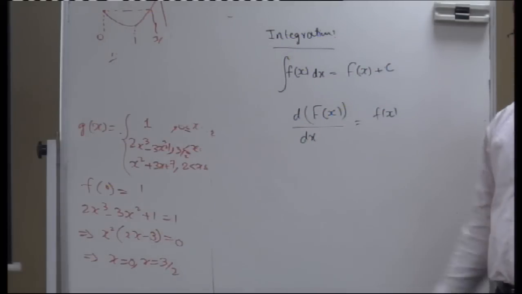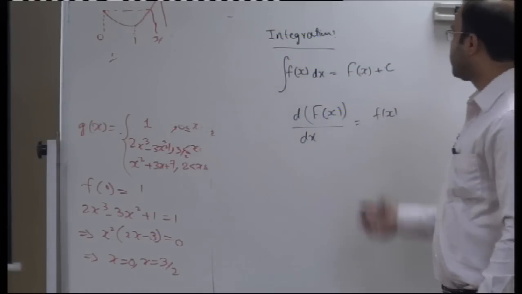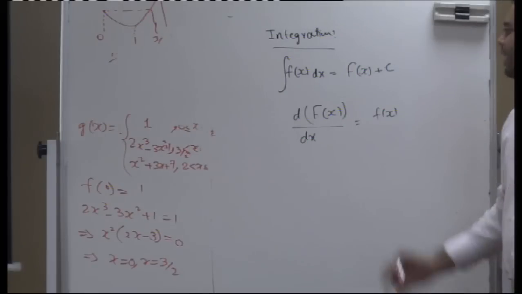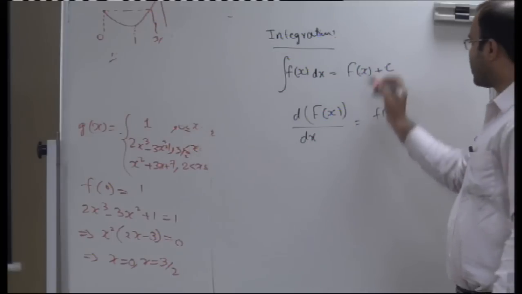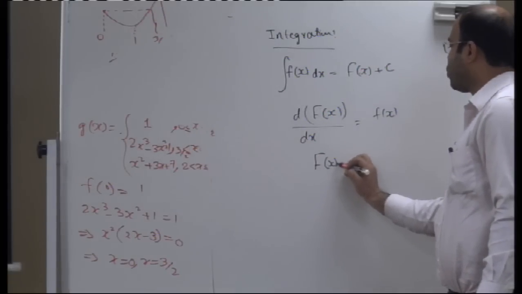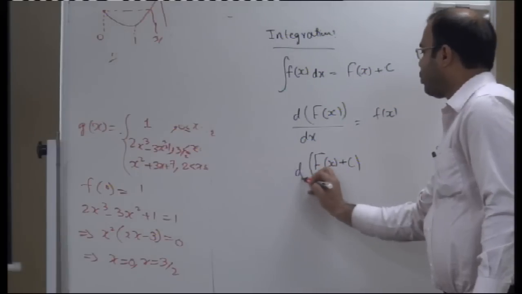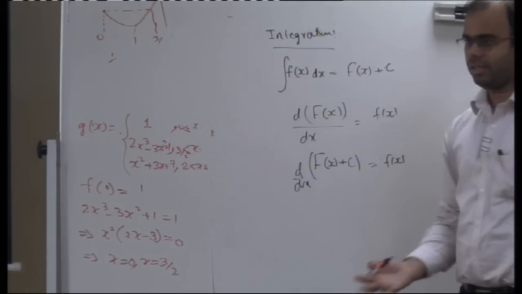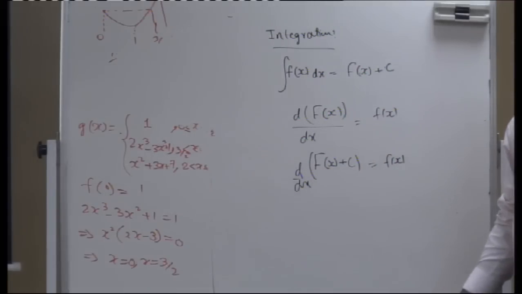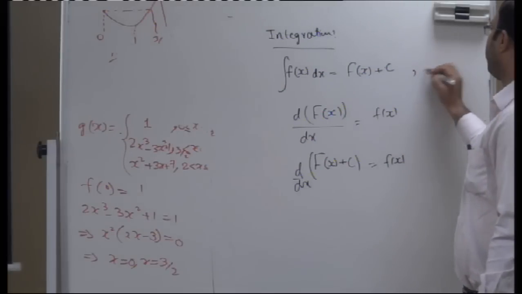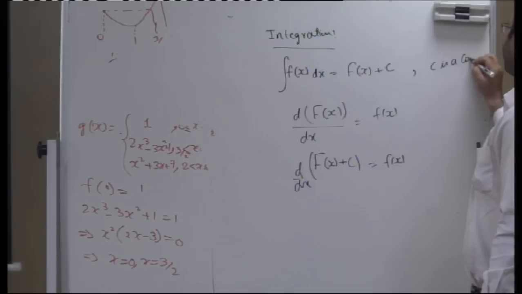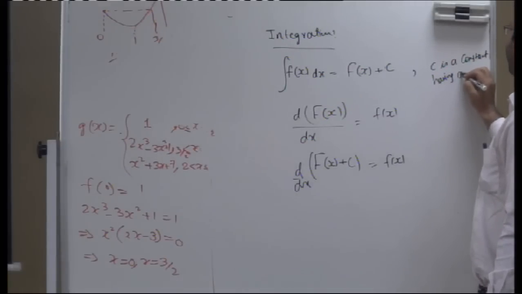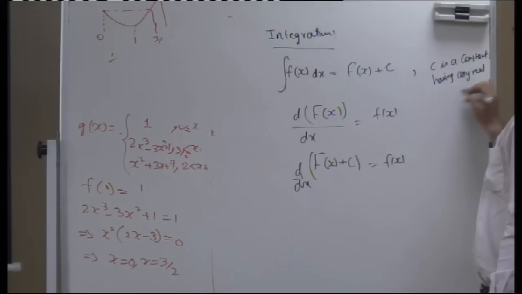This constant of integration is put in here because when you differentiate capital F(x) plus a constant with respect to x, you get small f(x) in any case, whatever this constant is, because the derivative of a constant is 0. So we take any real value of c. C is a constant having any real value, so we cannot treat it as a variable.